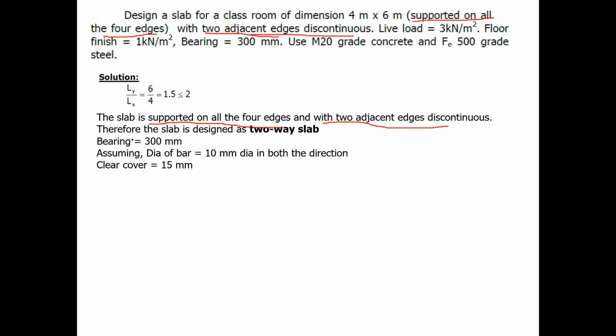Now in the question bearing is given, that is bearing is 300 mm. Next here you are going to assume the dia of the bar 10 mm on both sides and clear cover 15 mm.